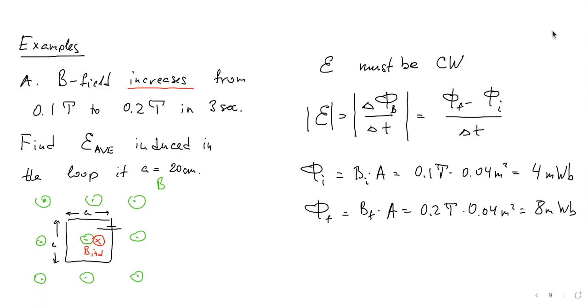So the induced EMF would be the change in the flux over time. So 8 minus 4. Sorry, is it 0.04 or 0.4? I put milli, no? Oh, okay. 1, 2, 3. So I have this 10 to the negative 3. Yeah, you're right.